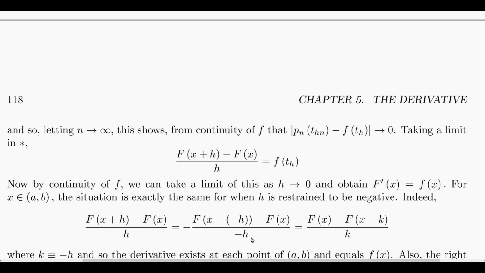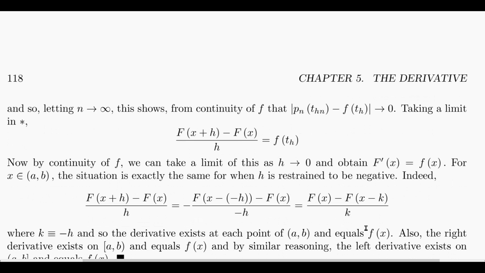And now I'll replace minus h with k and absorb this minus sign in the top, and I get something like this. And so when I look at derivatives from the left, it's really the limit as k goes to 0 from the right of f of x minus k over k.